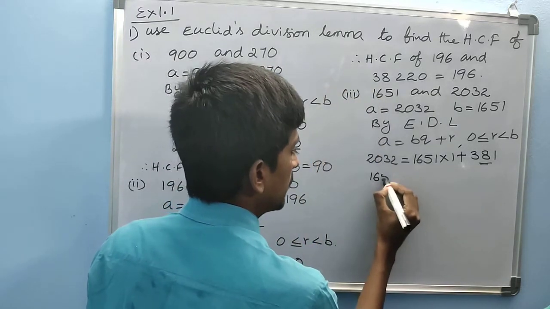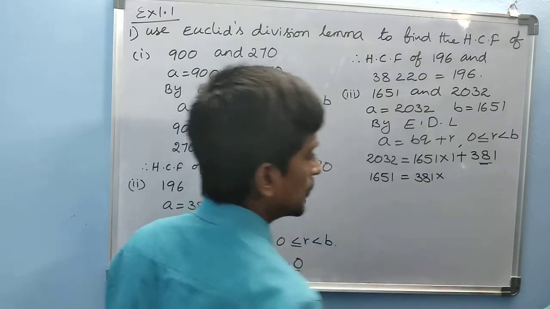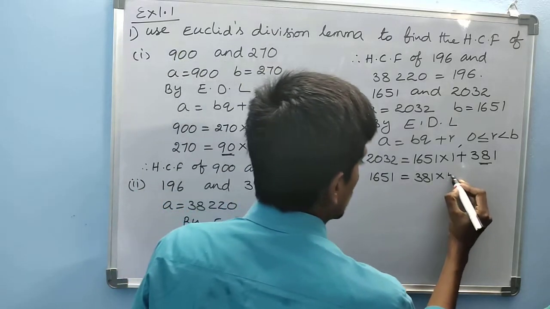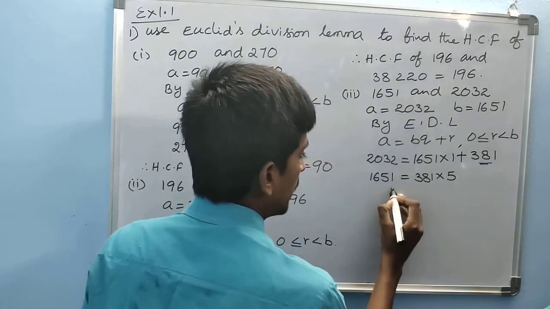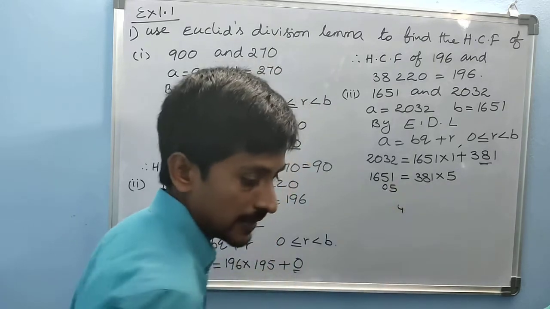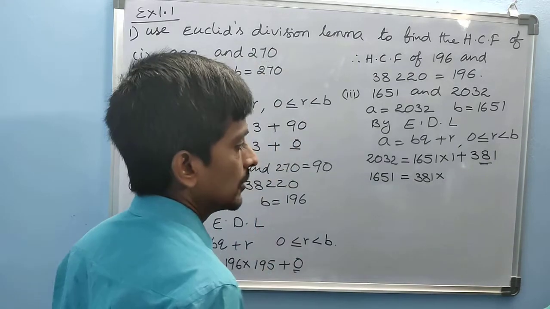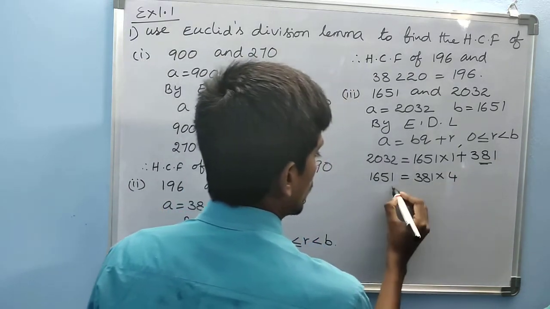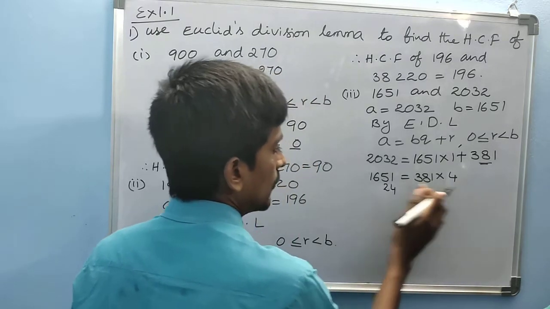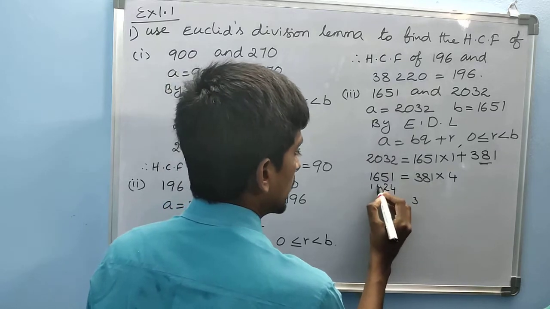Again 1651 equals 381 into how many times? The 5 table gives too much, it is heavy, so the 4 table: 4 ones are 4, 4 eights are 32, plus 3, 4 threes are 12 plus 3, 15.